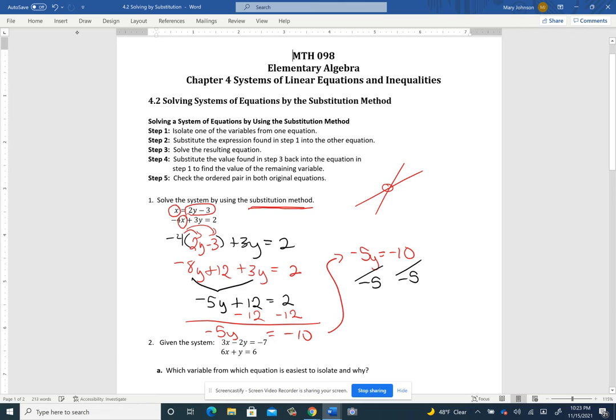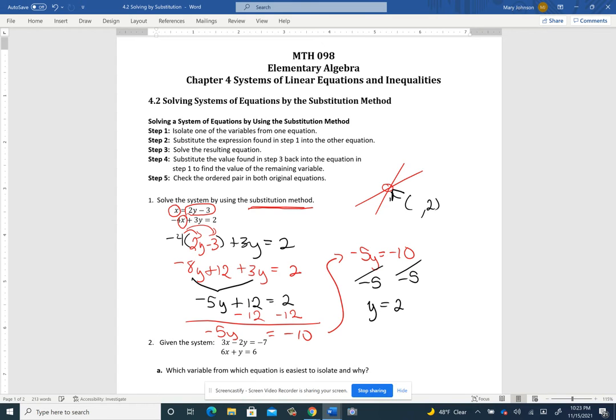So I wind up with y equaling positive 2. All right, now all that tells you is that the y coordinate of this point is 2. Now I need the x of that point.